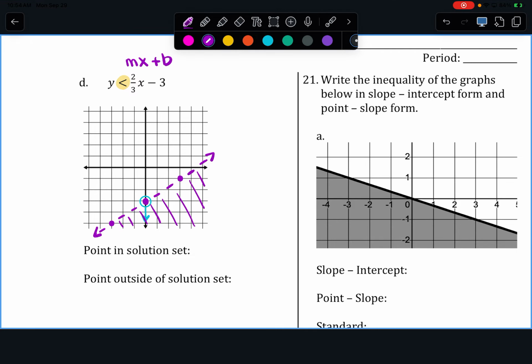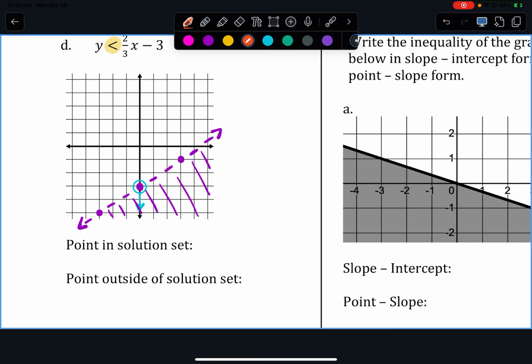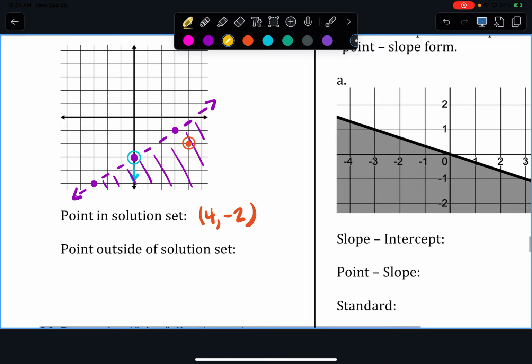All right, and again, we're going to pick a solution point. I'm just going to pick this guy, not for any particular reason, just because he's in the shaded region. What is that, (4, -2)? And to change things up, for a non-solution, I'm going to pick this point right here.